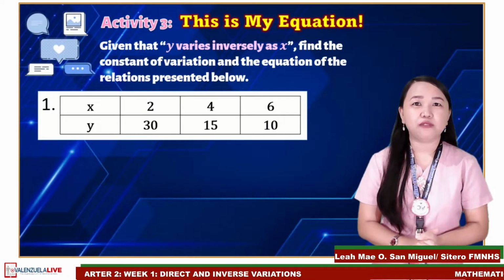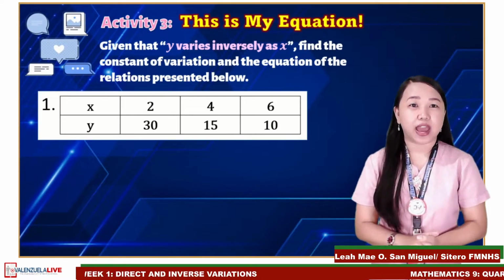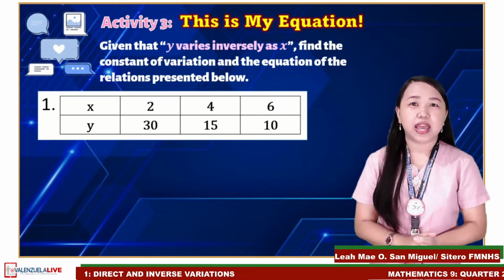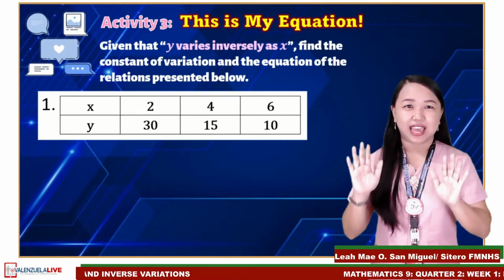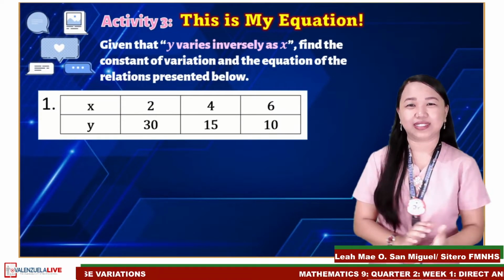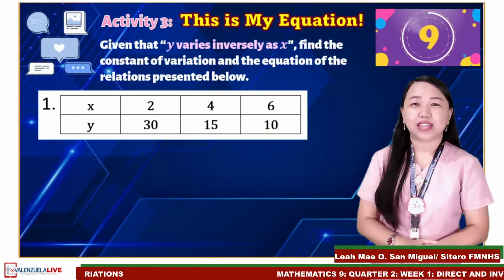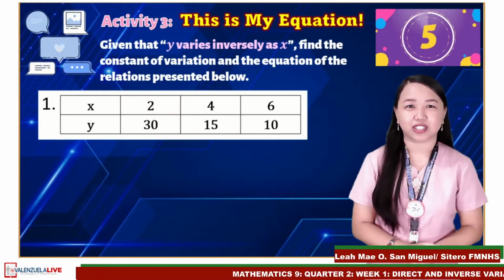The first given is a table of values. Find the constant of variation and the equation of the relation. You have 10 seconds to key in your answer. Go! Remember that the product of x and y is the constant of variation.